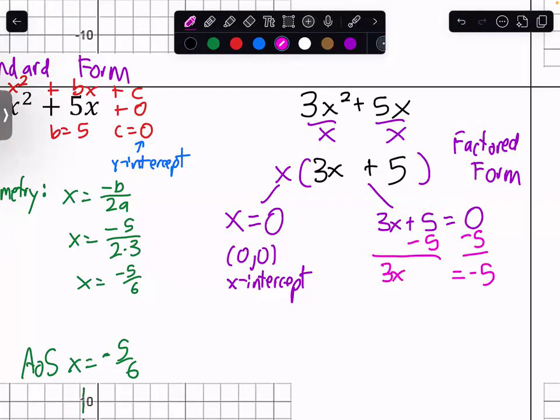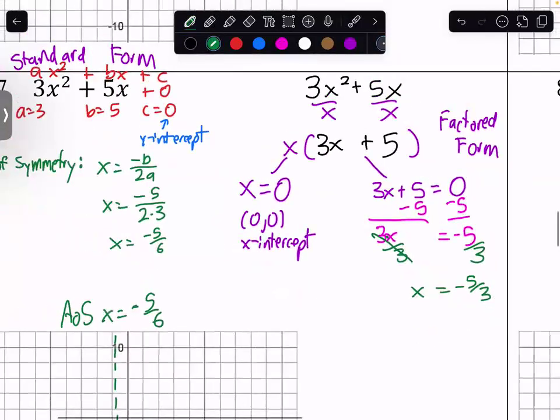So 3x equals -5. And then now the 3 that's touching the x, that's multiplication. It's 3 times x. So the opposite would be to divide both sides by 3. So you get an x value of -5/3.